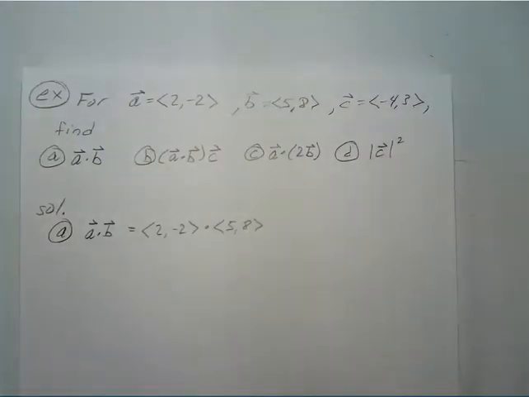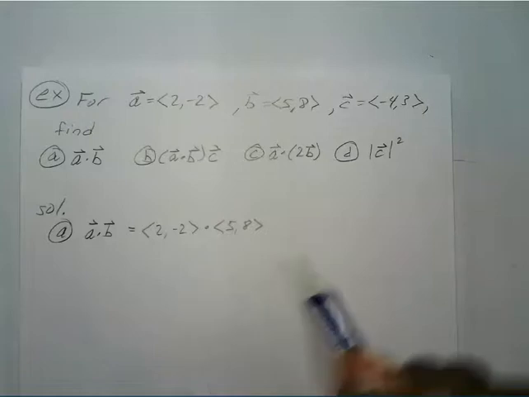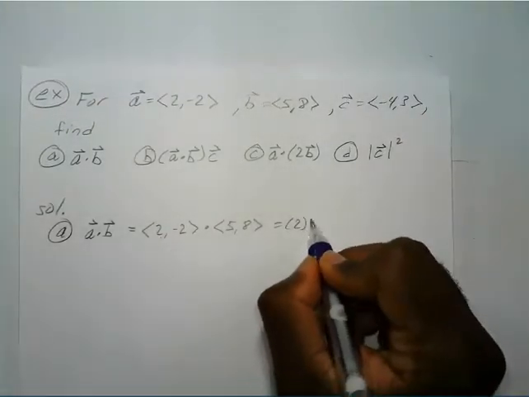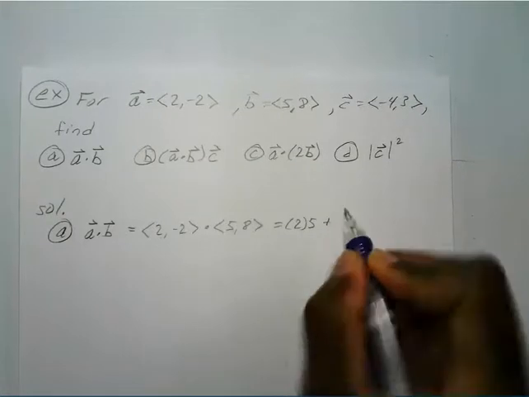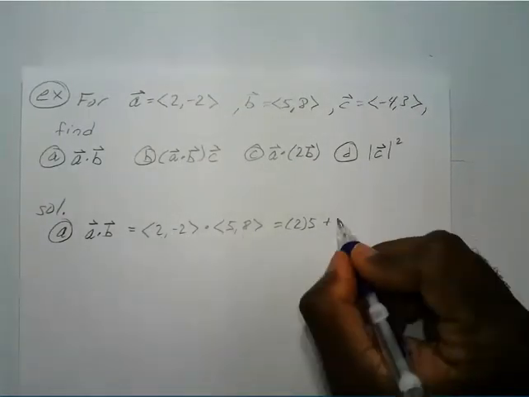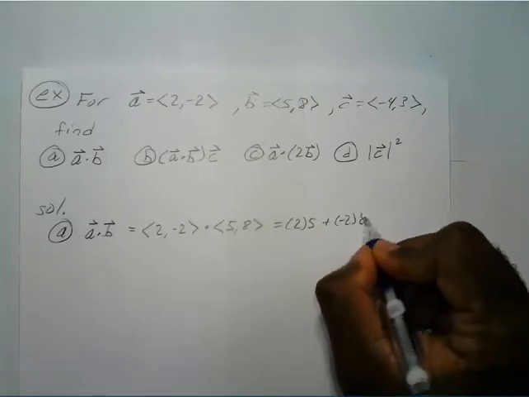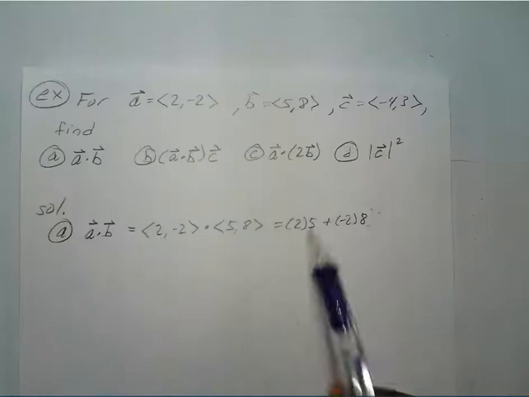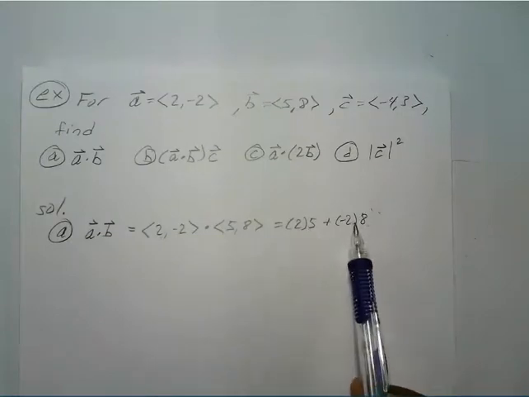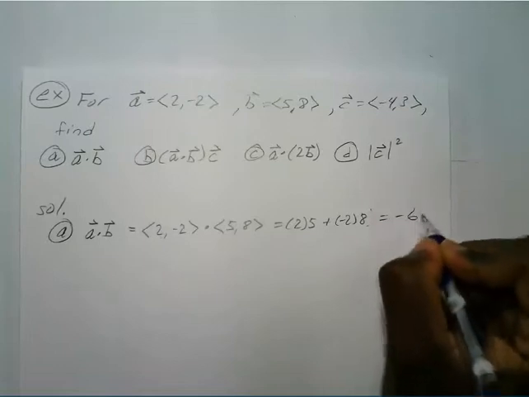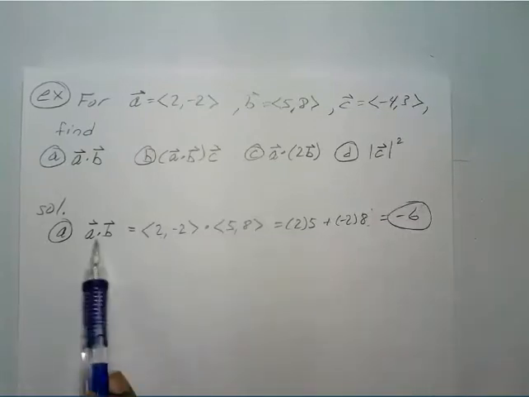Now remember with the dot product, you multiply the first components, so that's 2 times 5, plus you multiply the second components, so that's -2 times 8. So we have 10 plus -16, which is -6. So the dot product of A and B is -6.